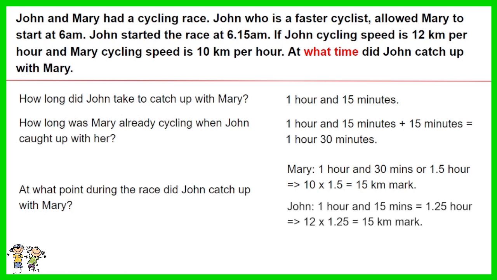Using John's data, you should arrive at the same. John caught up with Mary after 1 hour 15 minutes or 1.25 hour. Thus the distance he covered is 1.25 multiplied by his speed of 12 kilometers per hour, which gives you 15 kilometers too.